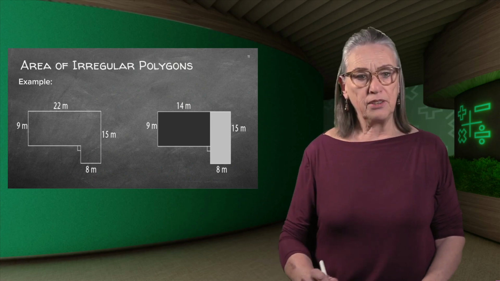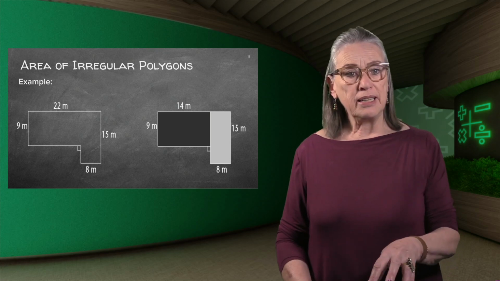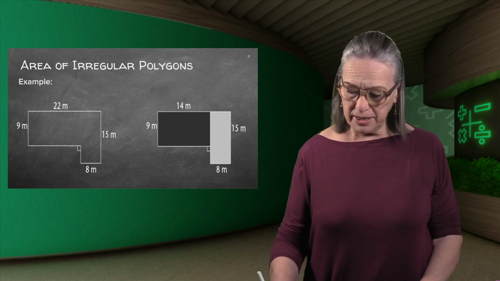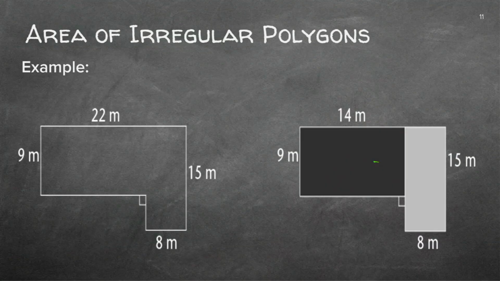So this is a room. And they ask you to work out the area of this room. So here we divide it into 2, you can see. So we've got a rectangle of 19 by 4. We check all our units are the same, and this is 15 times 8. How did they get that? 22 minus 8. Remember, here's 8.